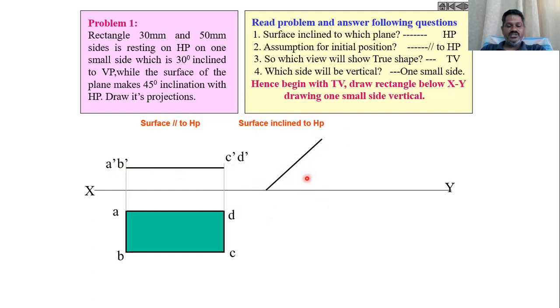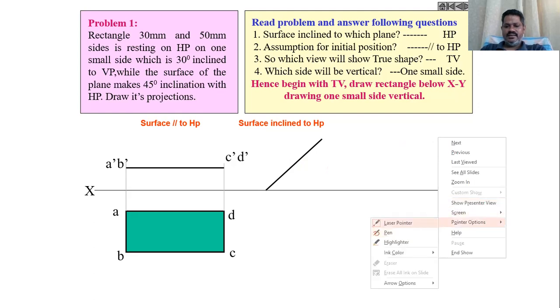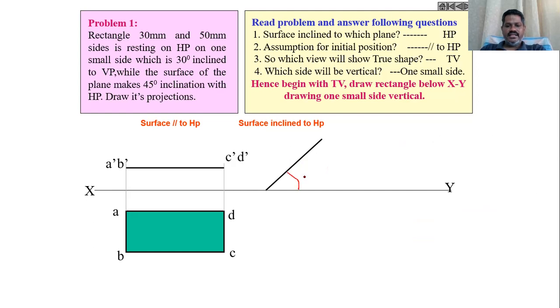With this 45 degrees angle, draw an inclined line. Here this is 45 degrees, and this is 50 millimeters.